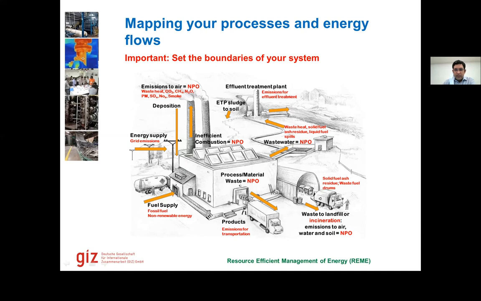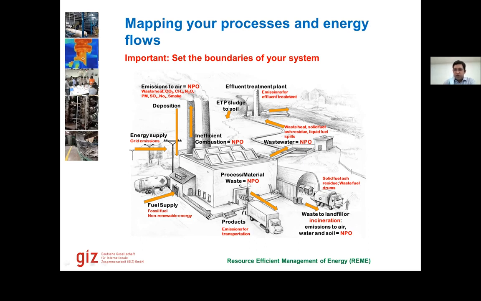Inside the factory, we might have inefficient combustion, where we are losing some fuel. In the emissions, we might have other NPOs like waste heat, carbon dioxide, methane, nitrous oxide, which are polluting the environment. And then we might have particulate matter, sulfur oxides, nitrogen oxides, or smoke, which cause visible pollution as well.